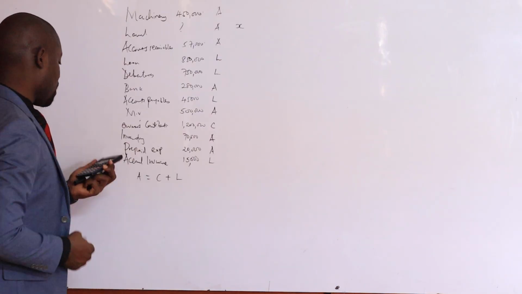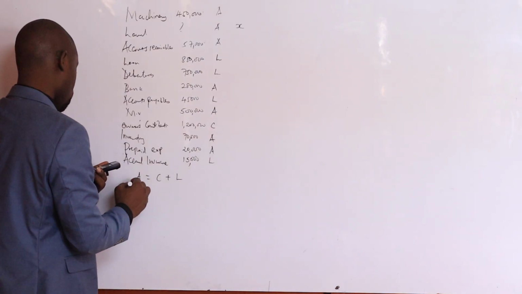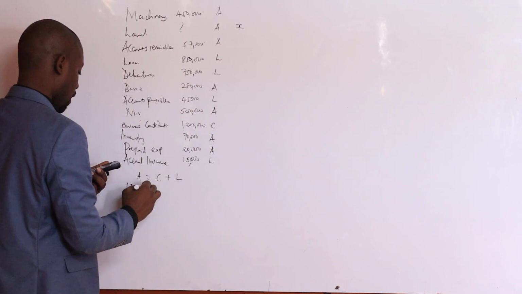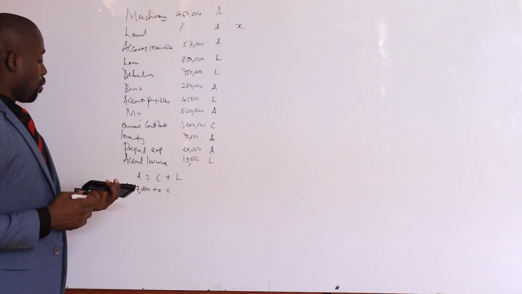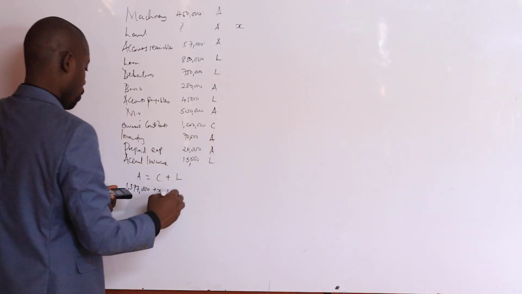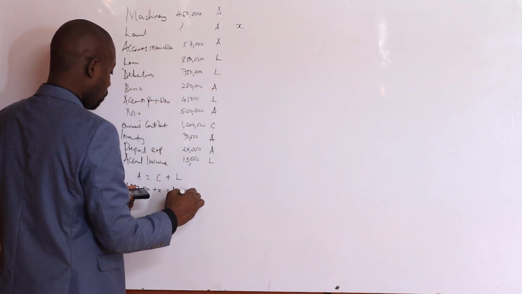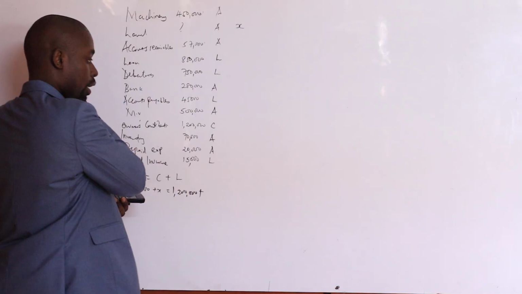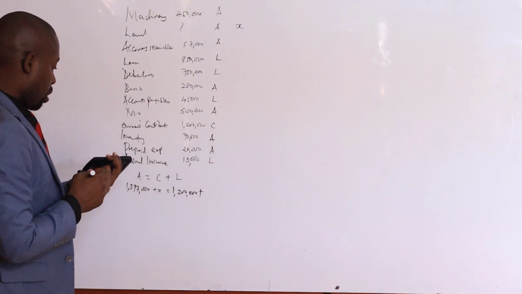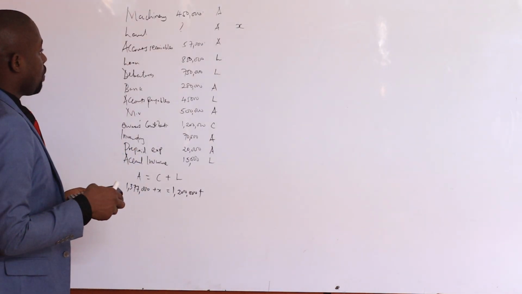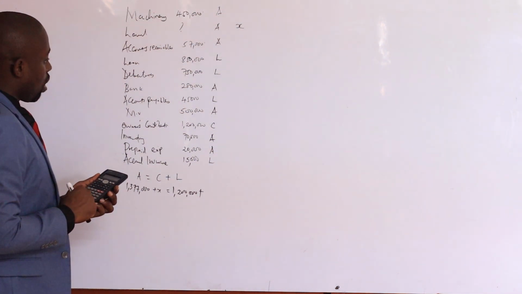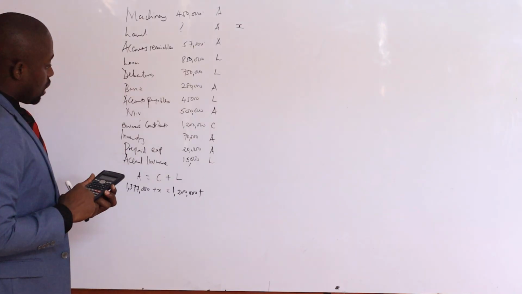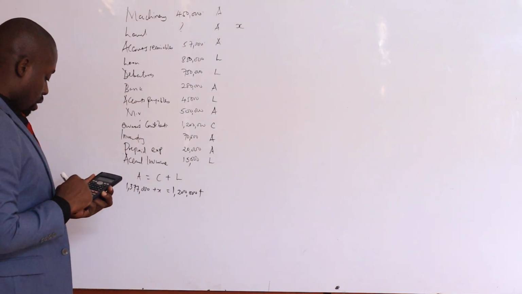So the assets value is 1,377,000 plus X for land, equals, we go to capital, which is 1.2 million. Let's look at liabilities. The first one is 850,000 plus 750,000 plus 45,000 plus 15,000.